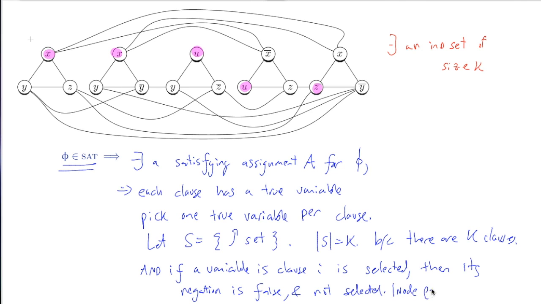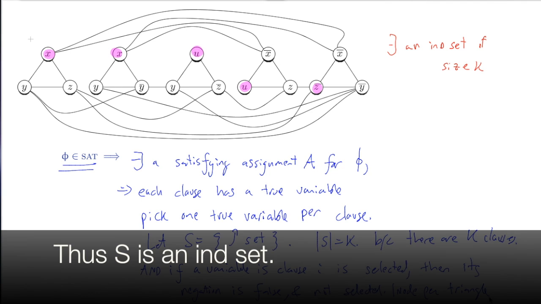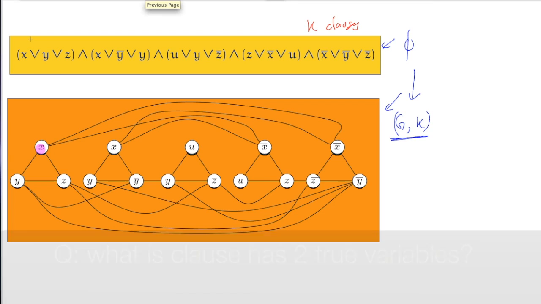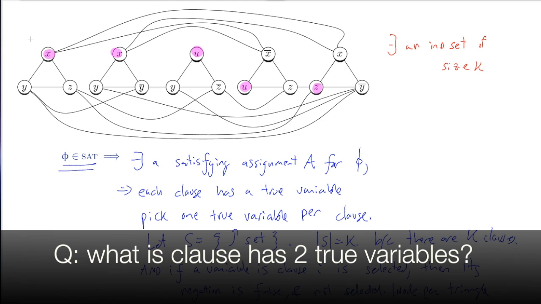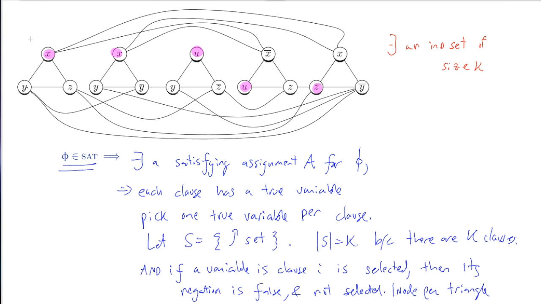Similarly, one node per triangle. If we select only one node per triangle, that means that the two other nodes are not selected, and so there's no violation of the independent set property. That's fine. Pick one of them. X and Y are both true in this example. I picked X. I could have just as equally picked Y. That would still lead to a vertex cover of size k.